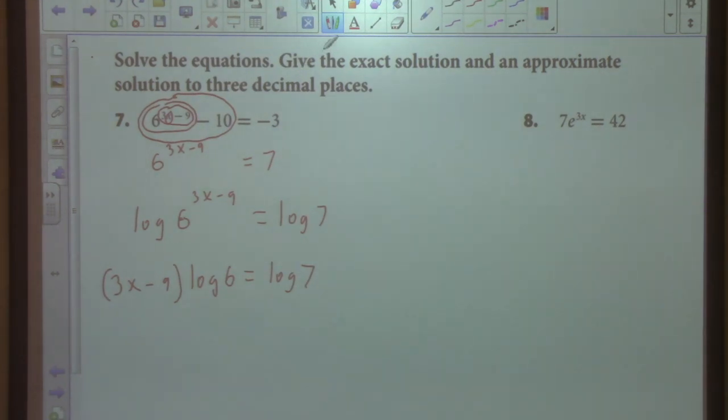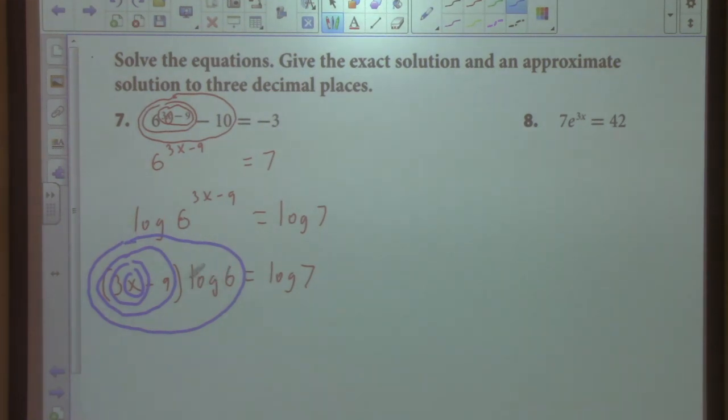Okay, remember, let's look at our onion again. We're solving for this, then we got this layer here, then this layer here, and then this layer here. So what are you going to do to get rid of this thing here?